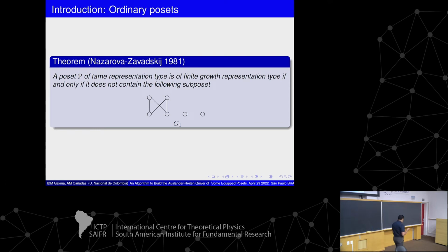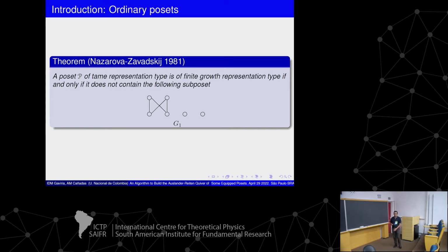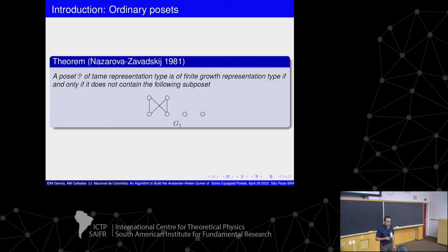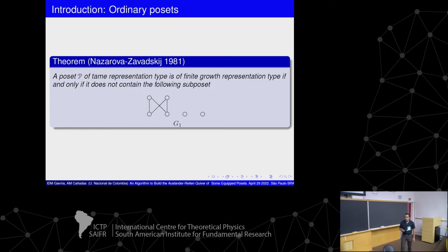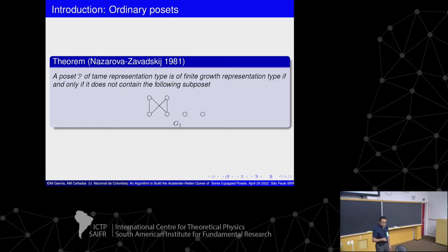This is another example of a poset, and that is the theorem given by Nazarova and Zavadsky to classify posets of finite representation type. And this is an easy theorem because you just need to check that the poset does not contain a subposet, this poset that we have here.